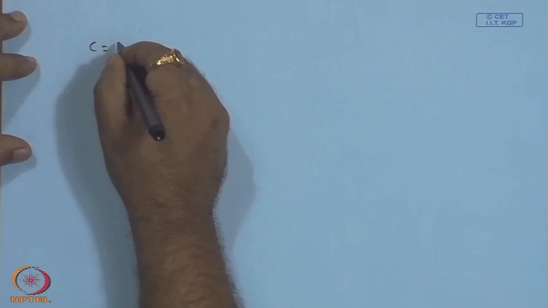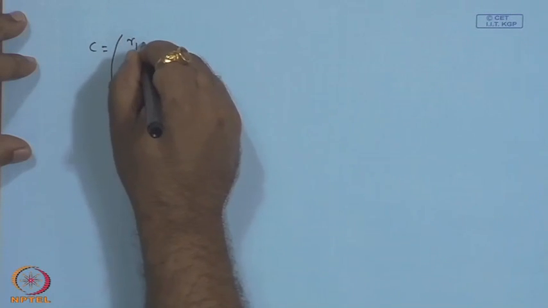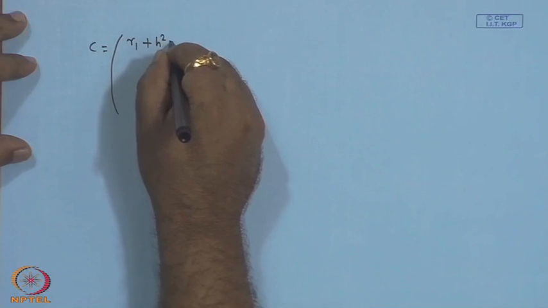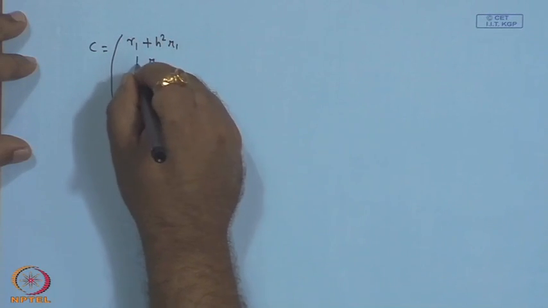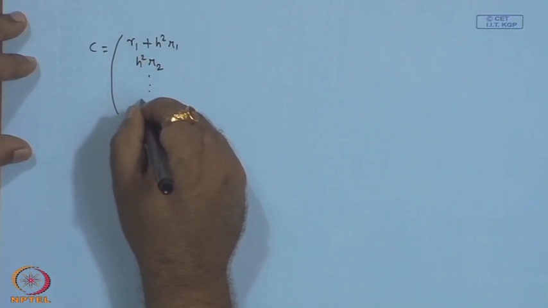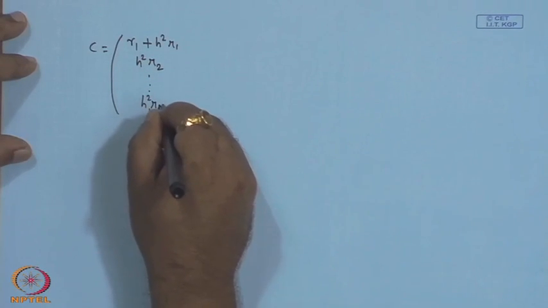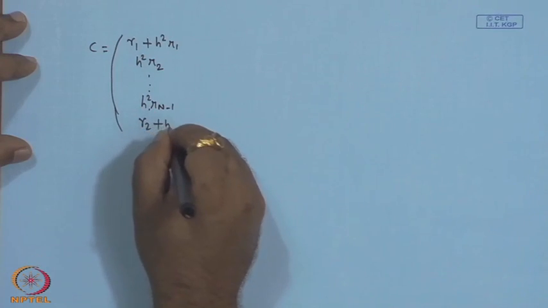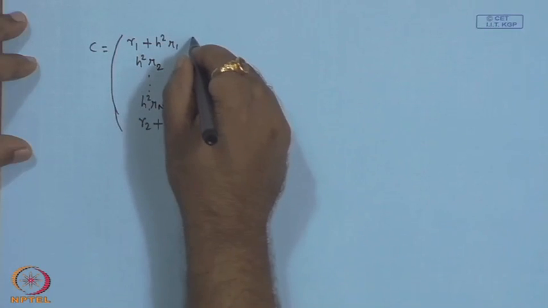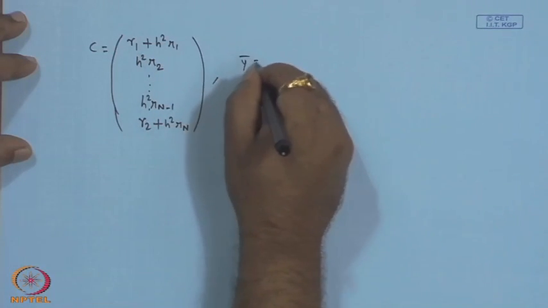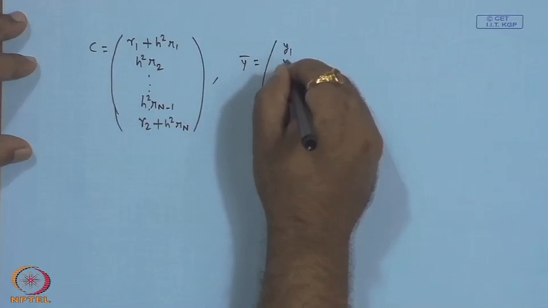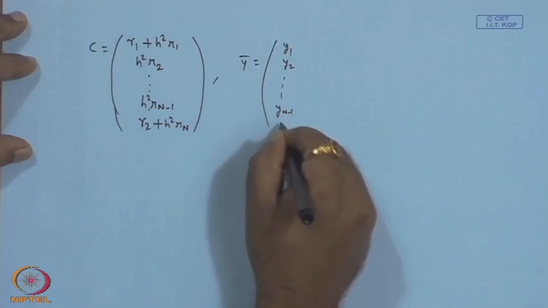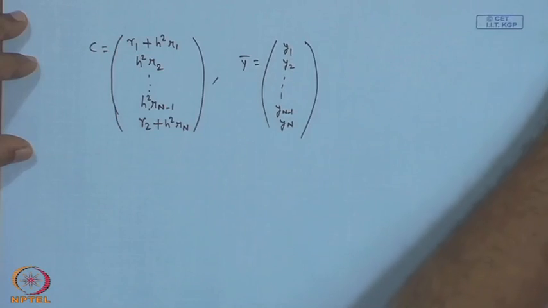Then C would contain gamma 1, of course, okay.